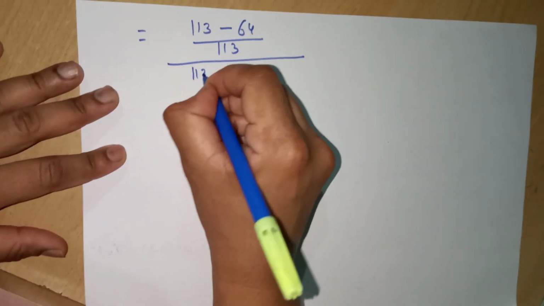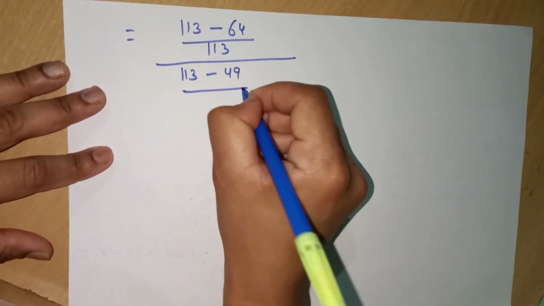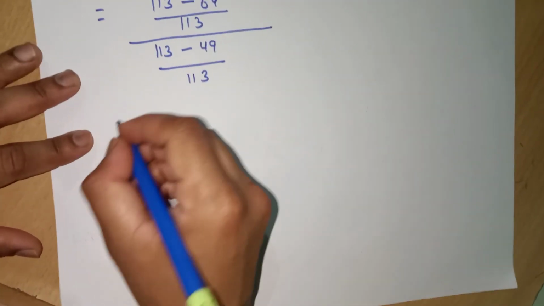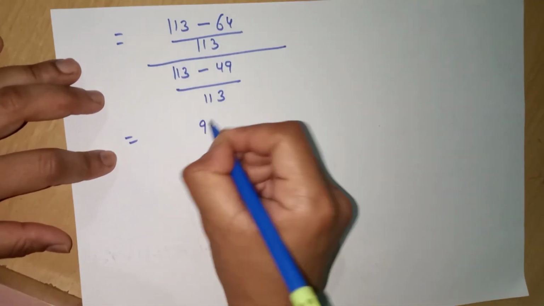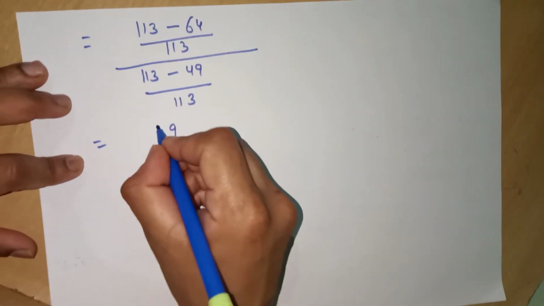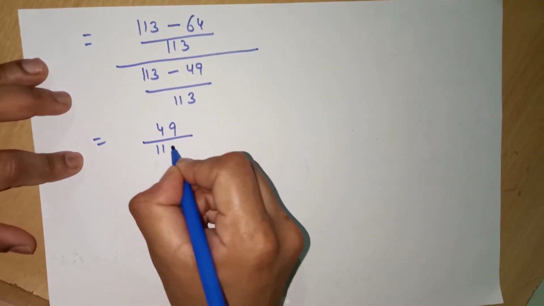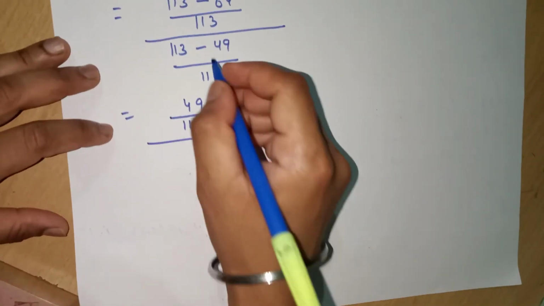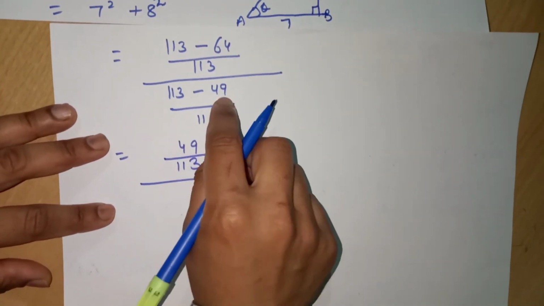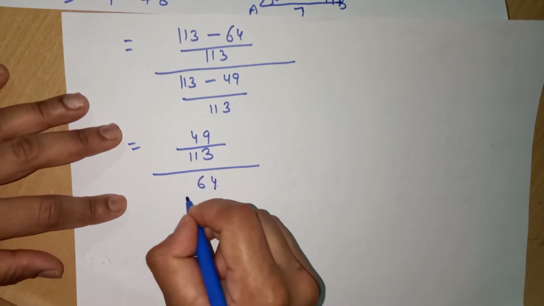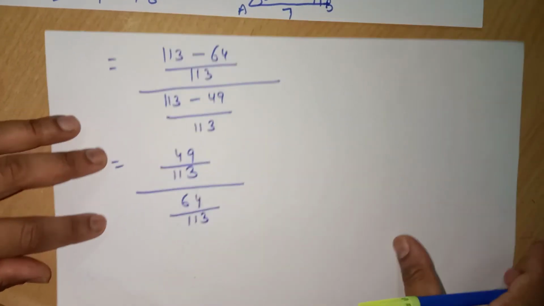Similarly in the denominator, 113 minus 49 upon 113. Here subtract: 13 minus 4 is 9, 10 minus 6 is 4, so 49 upon 113, and 13 minus 9 is 4, 10 minus 4 is 6, so 64 upon 113.